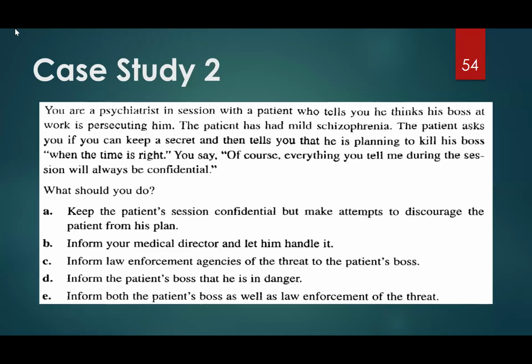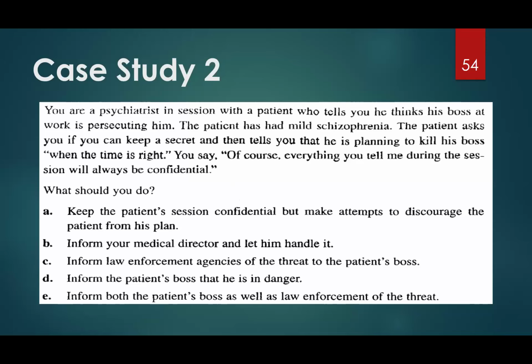So here, if you have this as a question in the exam, the best answer is to inform both the patient's boss as well as the law enforcement of the threat to protect your patient. Okay? So here the correct answer is E. Inform both the patient's boss as well as law enforcement of the threat.